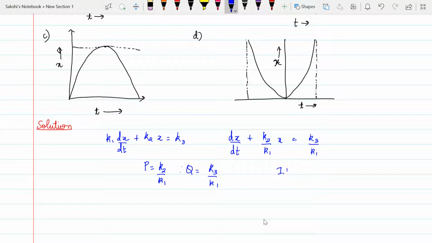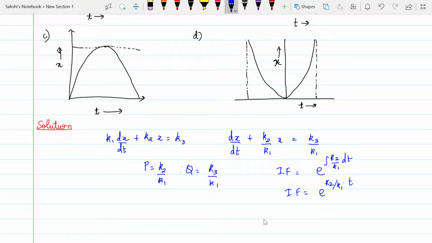I have to find the integrating factor, just e power integral p dx. So here it will be e power integral p dt, so k2 by k1 dt. So I'll get my integrating factor as e power k2 by k1 into t.